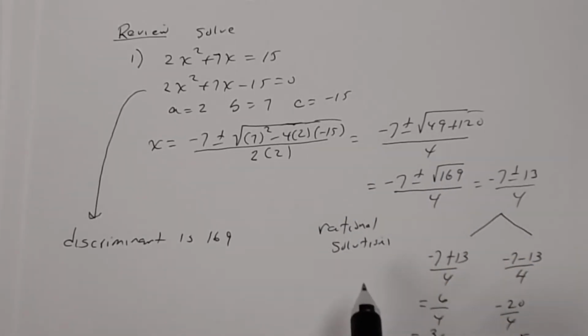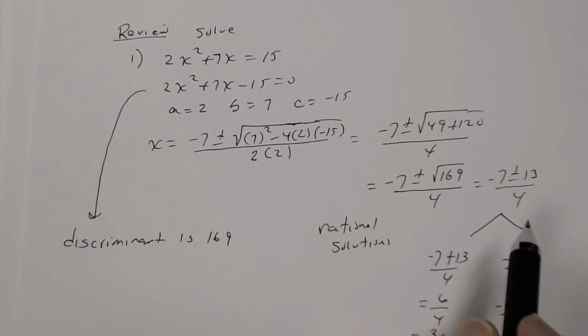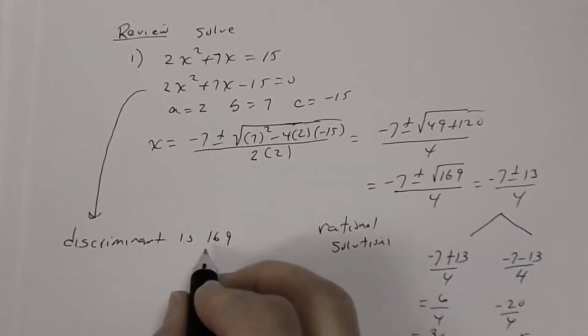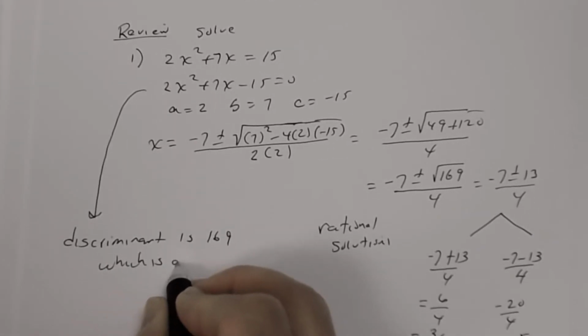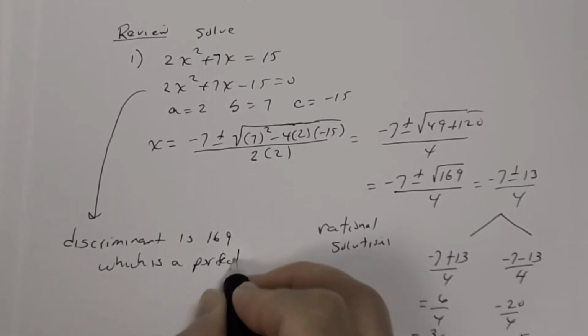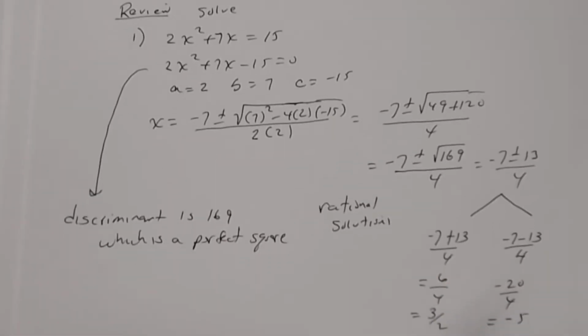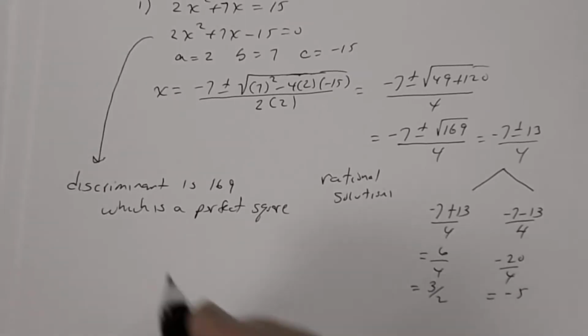That's your discriminant. But here's the important thing I want you to get out of this. The discriminant is 169. In our discussion, we said 169 was a perfect square. So the discriminant is 169, which is a perfect square. And notice that when we had this perfect square, we ended up with two different rational solutions.